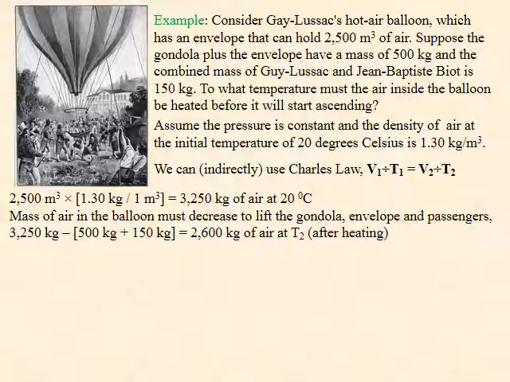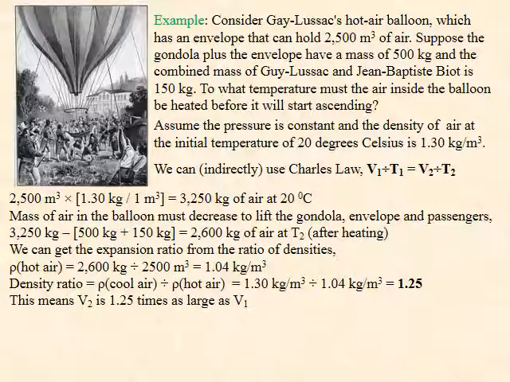Using the density equation, we conclude that a 2,500 cubic meters balloon displaces 3,250 kilograms of air. The density of air inside the balloon must decrease so that the combined mass of hot air, the envelope, the gondola and the 2 passengers is less than 3,250 kilograms. Using the given parameters, we find that mass must be less than 2,600 kilograms.